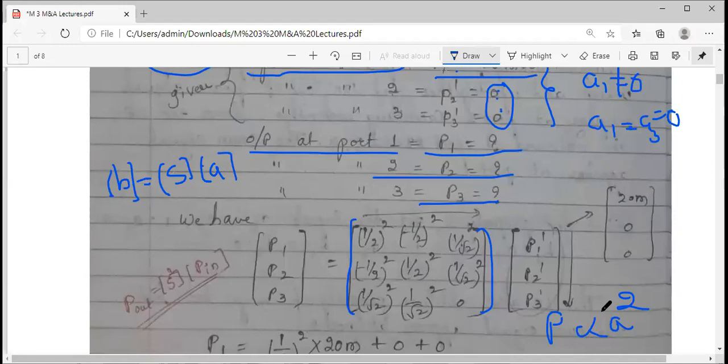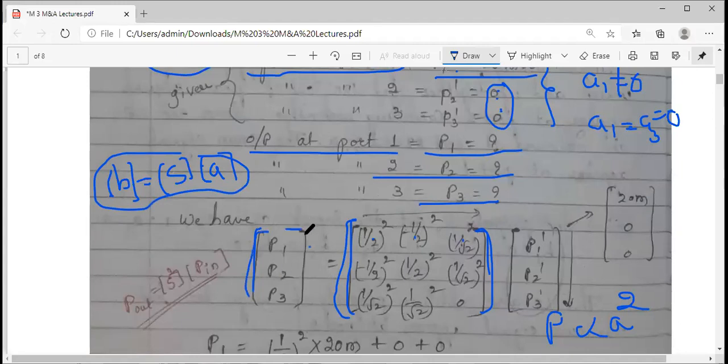So the power is proportional to the incident wave squared. Because of that, I'm taking all the values inside the matrix squared, because I'm not now in the simple b equals s into a. Now I'm dealing in terms of powers, so it is all squares here.